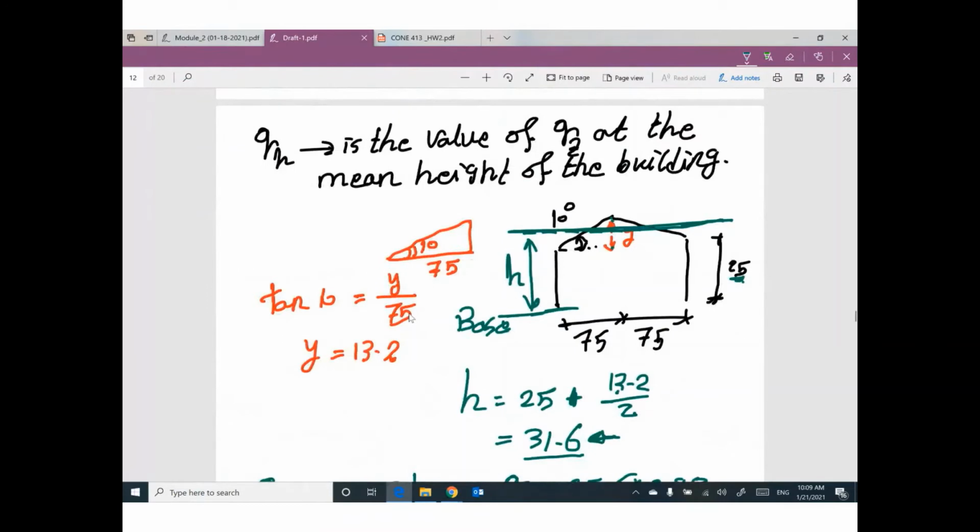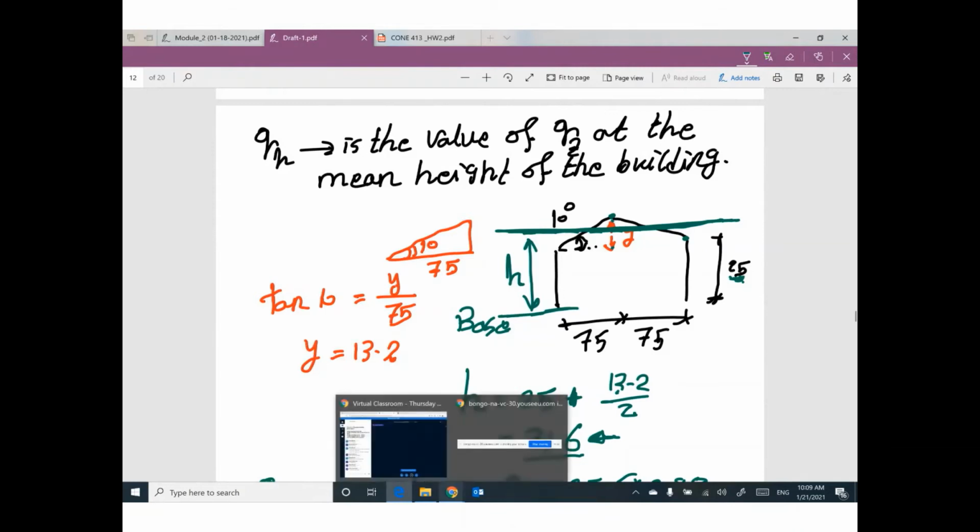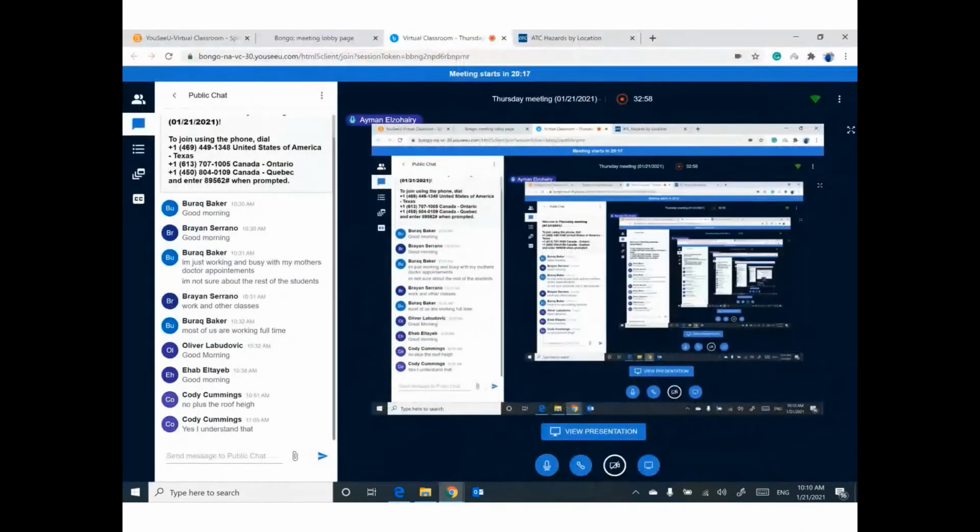I will consider the average height, because it doesn't make any sense to take this point. So I will use the average one. This point is very important, okay? I will not use 25, I will not use the total height. I will use the average height for the sloped roof.